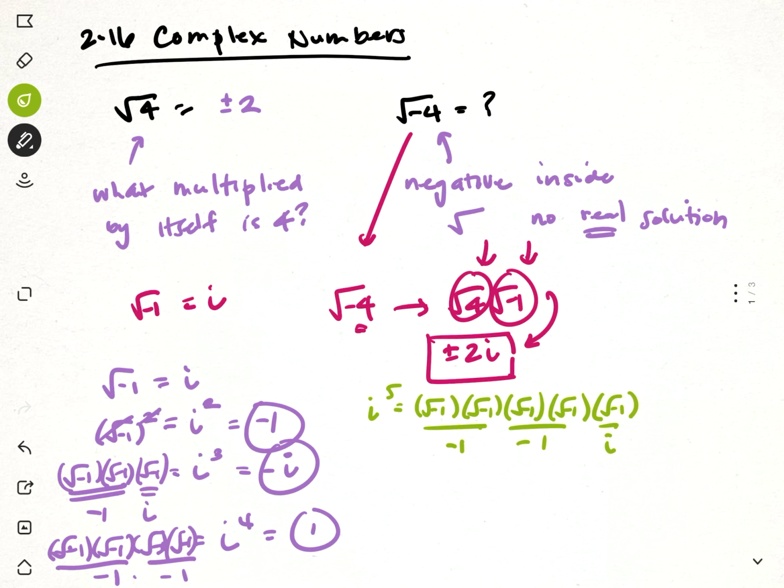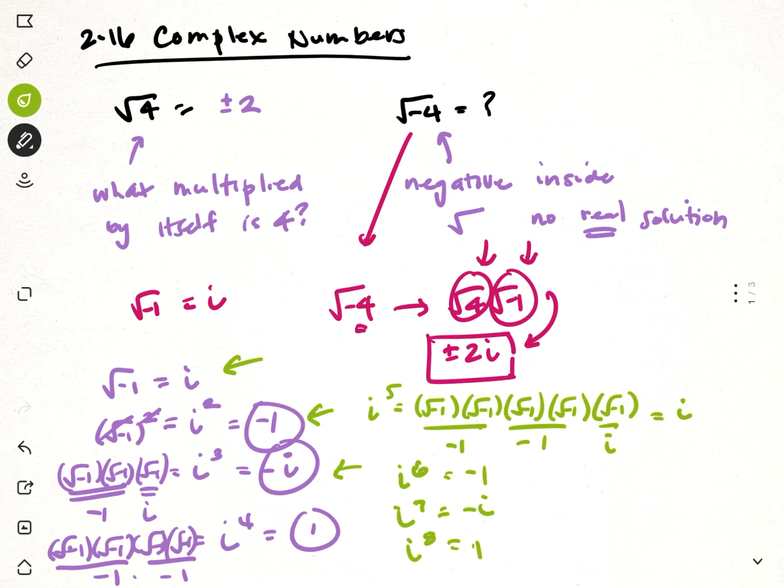So negative 1 times negative 1 is 1, times i, which is i. Notice we're back to the beginning here. If you had to guess i to the sixth, then we just move down again. i to the seventh will be the next one, and then i to the eighth would be 1.